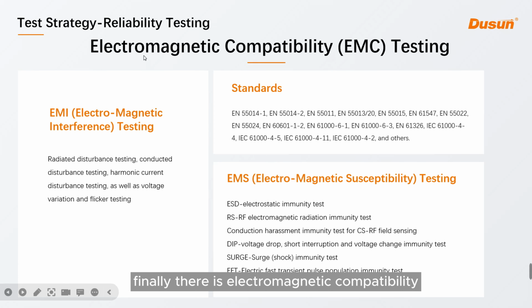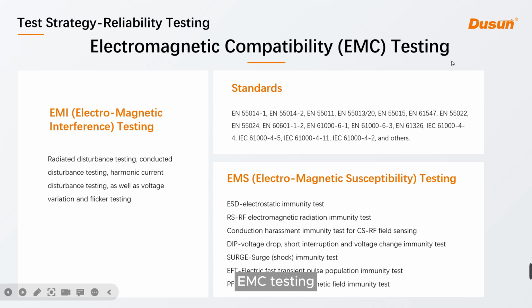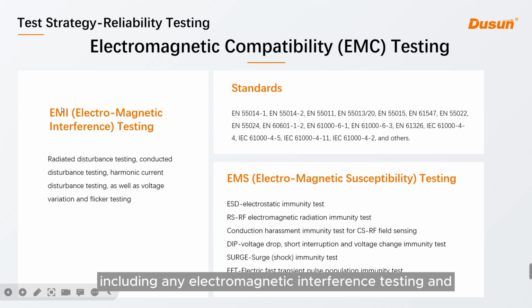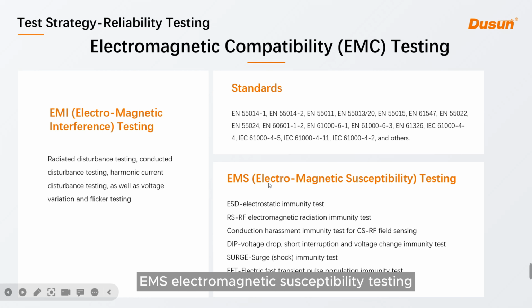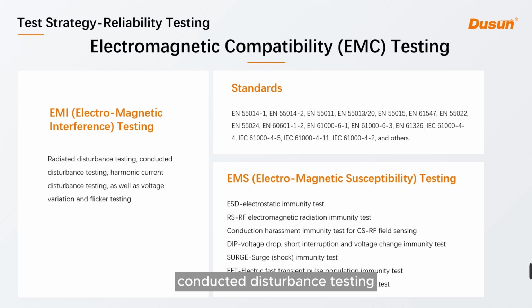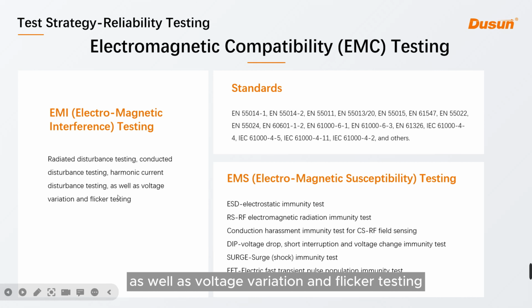Finally, there is electromagnetic compatibility (EMC) testing, including EMI electromagnetic interference testing and EMS electromagnetic susceptibility testing. EMI testing covers radiated disturbance testing, conducted disturbance testing, harmonic current disturbance testing, as well as voltage variation and flicker testing.